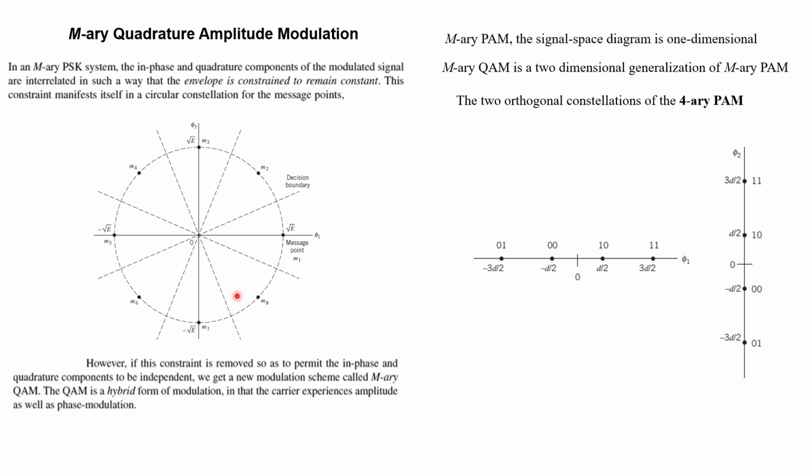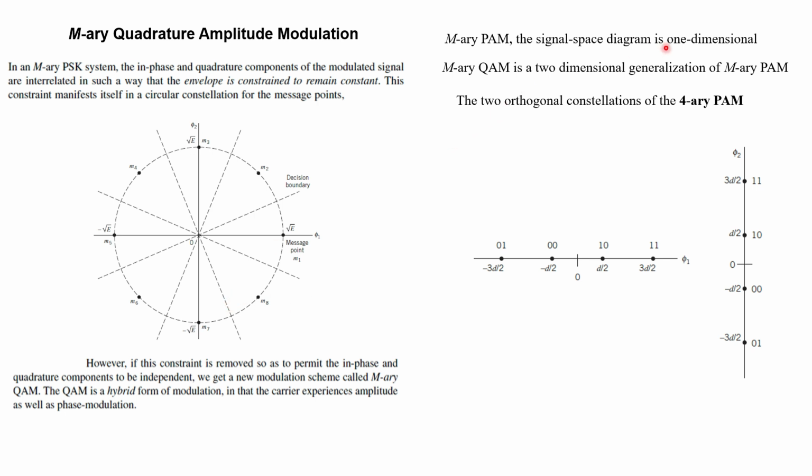So if we want to free the in-phase and quadrature components, then the new modulation scheme we obtain is M-ary QAM, M-ary quadrature amplitude modulation, which is a hybrid type of modulation. Here the carrier experiences amplitude as well as phase modulation.